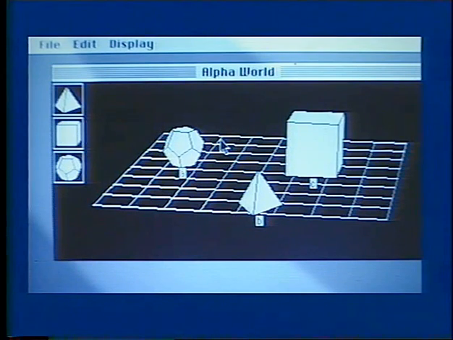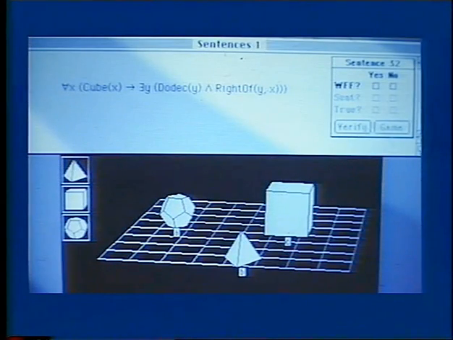So the computer shows you a world, and the computer shows you a formal sentence. Up the top there on the screen, there's a sentence in the appropriate formal language which happens to say, for all x, if x is a cube, then there is a dodecahedron to the right of x. In other words, for every cube there is a dodecahedron to the right of it.